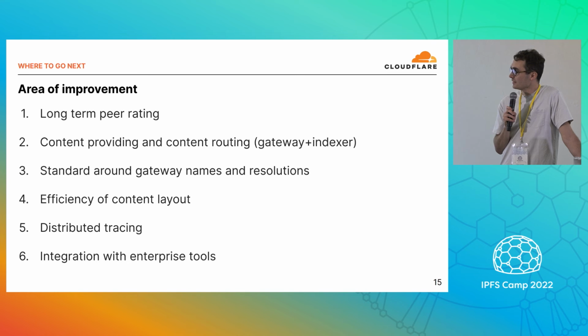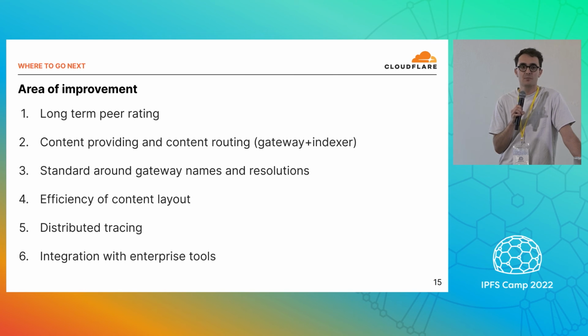Then having some standard around gateway names and resolution is, I feel, also important. That's mainly going through IPNS land. We're not seeing that much usage of IPNS, but compared to its usage, there's a lot of requests coming in about how to tune and how to define it.